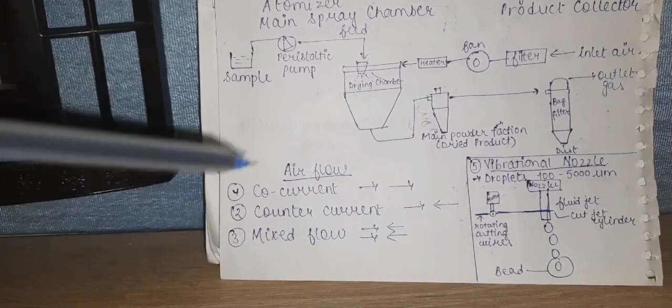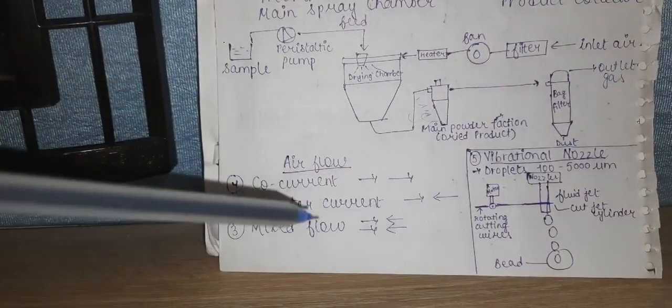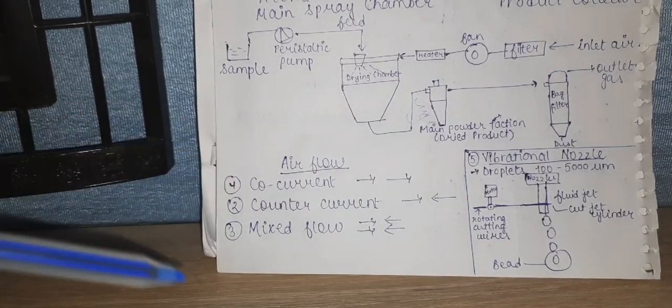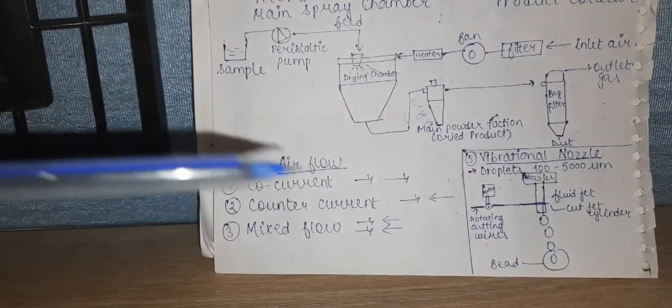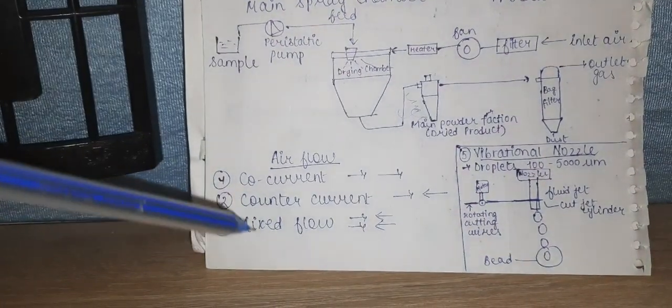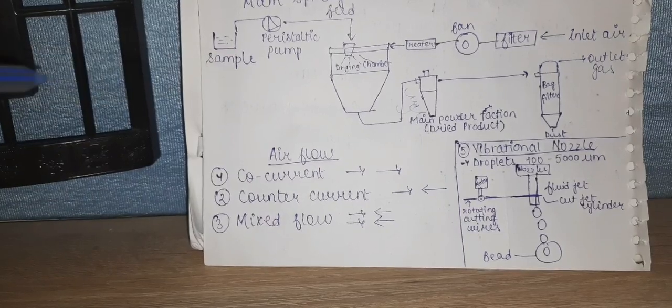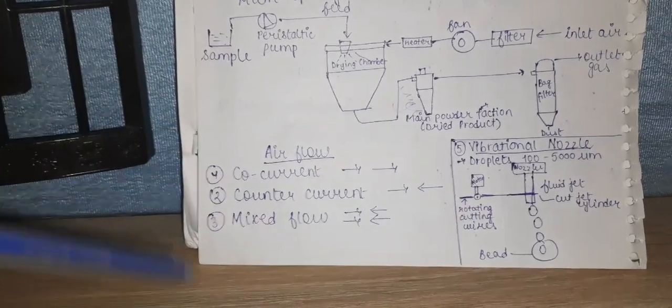Another is counter current. So the particle and the airflow will be opposite to each other. If the particles are moving towards the right, then the airflow would be towards the left. Third is mixed flow. So they will be moving on both sides, right as well as left.